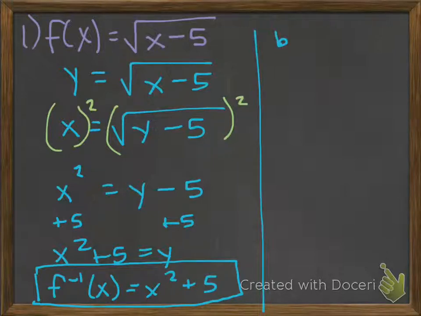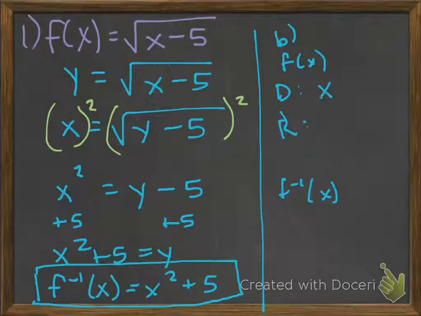Letter B wants to know the domain and range of the original function and the inverse function. So my domain for my original function, two ways you could do this. You could look at the picture on a graph, or you could just think. So the smallest thing I can take the square root of is 0, and the value that would give me a 0 underneath the square root is 5.